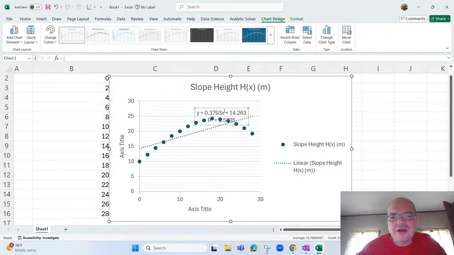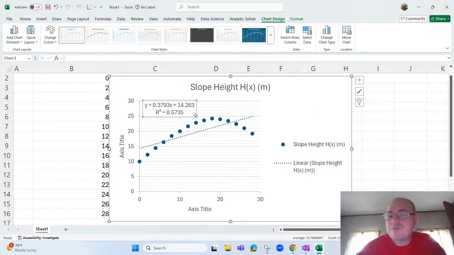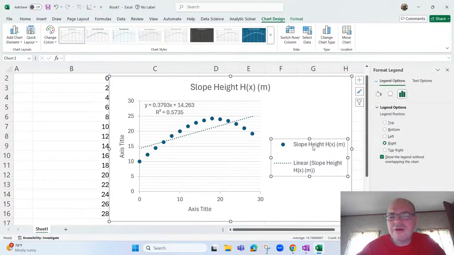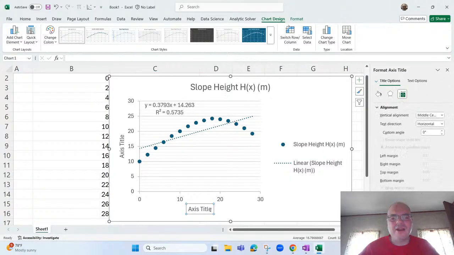Here's a linear fit, but the linear fit is rather lousy. So if we try to fit this by a line, we get the upward trend, sure, but not what we really wanted for a functional fit. So on the x-axis, I'm going to have slope height.